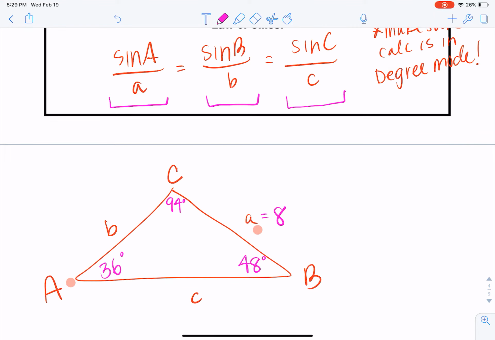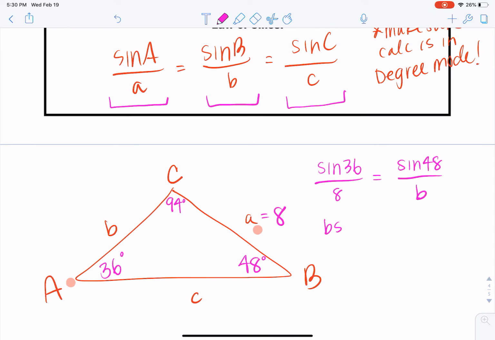So I will start with sine of A over A, and that will give me sine of 36 over 8 is equal to, and let's start with B, sine of 48 over side length B. And I can go ahead and cross multiply here, and I'll do this live with you.